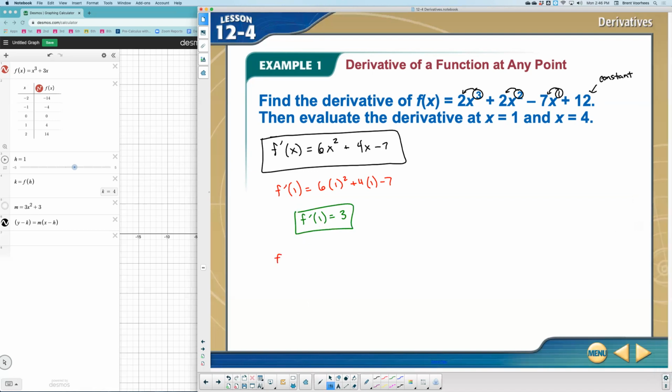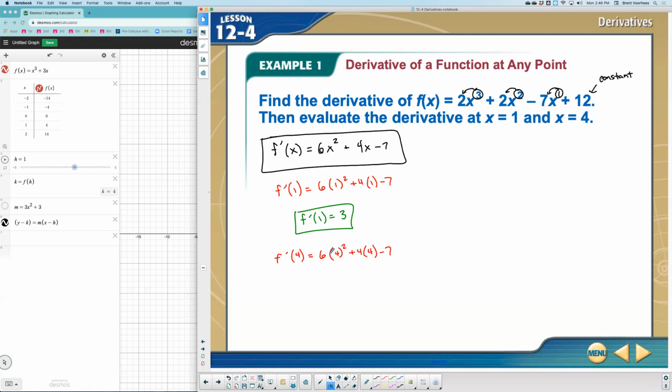And if I want to find f prime of 4, or the derivative of f at 4, I would plug 4 into this equation. So it'd be 6 times 4 squared plus 4 times 4 minus 7. When I do my math here, 4 times 4 is 16. I've got to do PEMDAS.